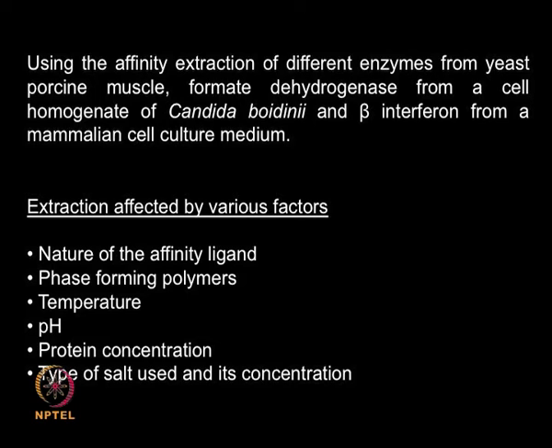These are very standard parameters which are going to affect the aqueous system. For the affinity system, the nature of the affinity ligand and the nature of the polymers are two different parameters which need to be considered as well while selecting a ligand.